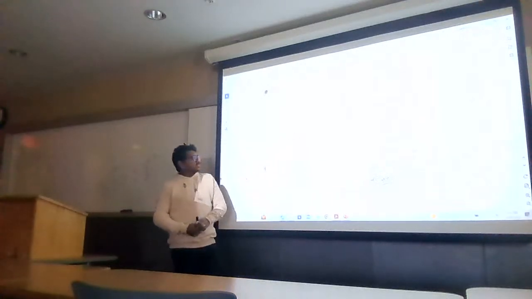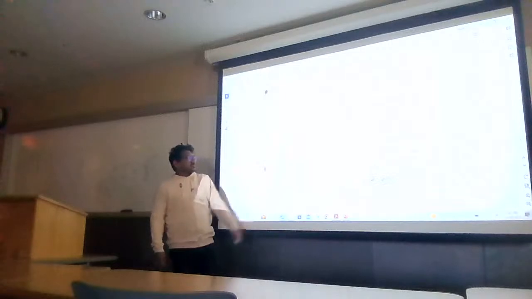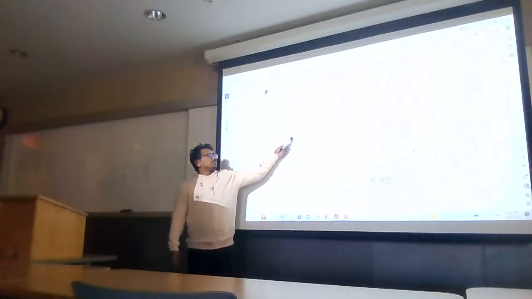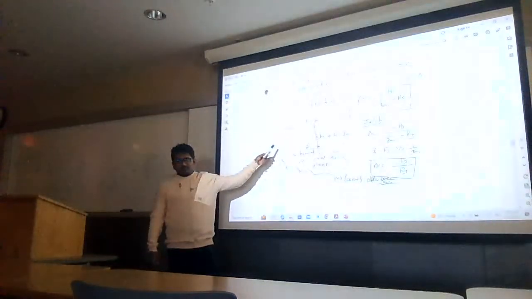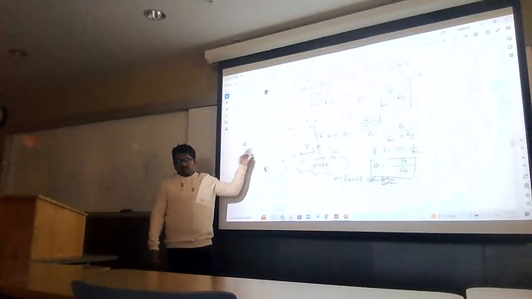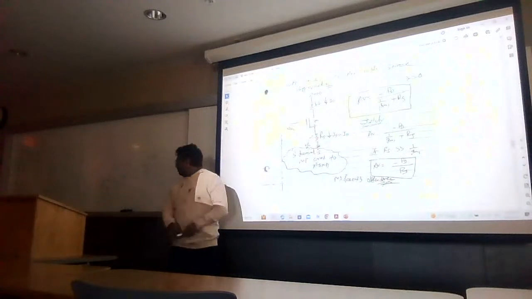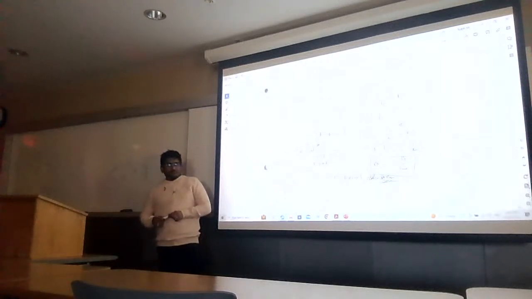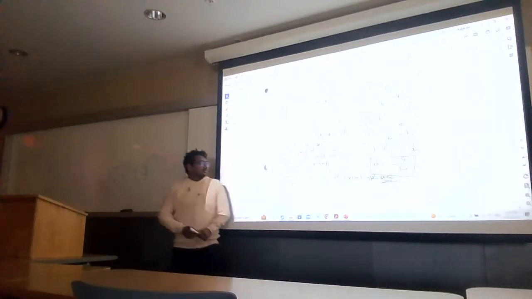This circuit also has a special name. Can anyone tell me what the difference is between this circuit and the previous one? Yeah, the only difference is RS.